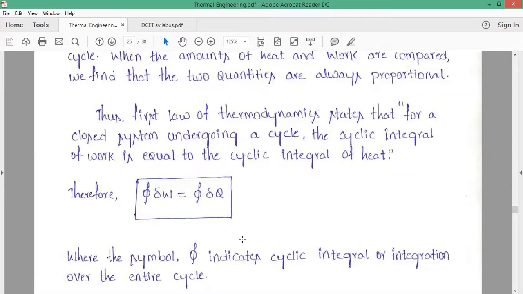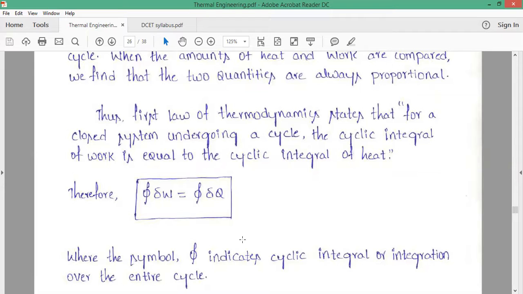In this cycle, if I add all the work quantities, that is during adiabatic compression, we are having some work. During adiabatic expansion, we are having some work. Now, if I take the summation of these two work interactions, that must be equal to the summation of two heat interactions.